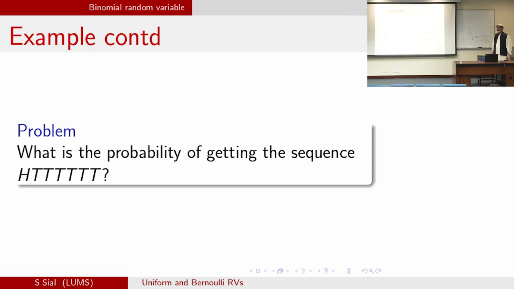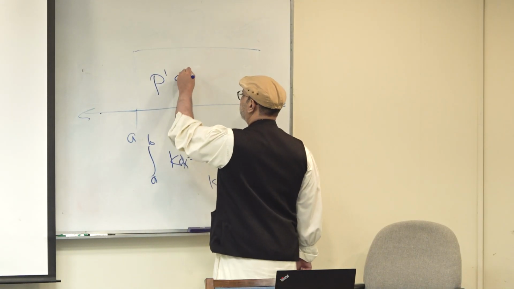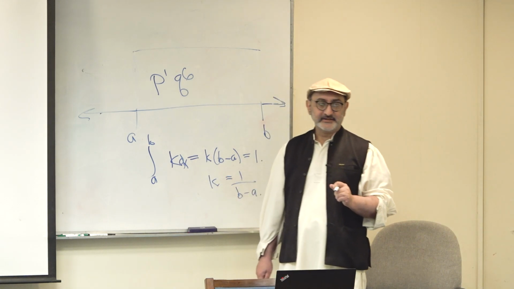What's the probability of getting exactly this sequence? Remember, coin tosses are independent, so the probabilities are multiplied. The probability of an H is P to the 1, and then you get 6 T's. The probability of a T is Q. Because they're independent, you're going to get P to the 1, Q to the 6 as the probability.